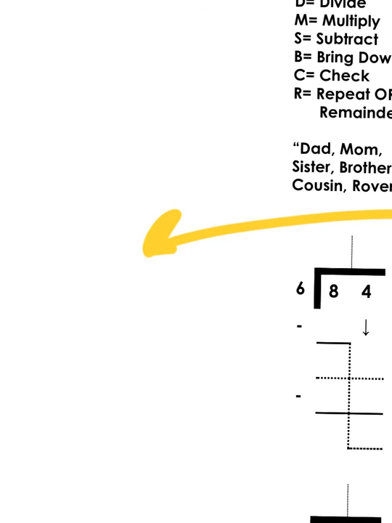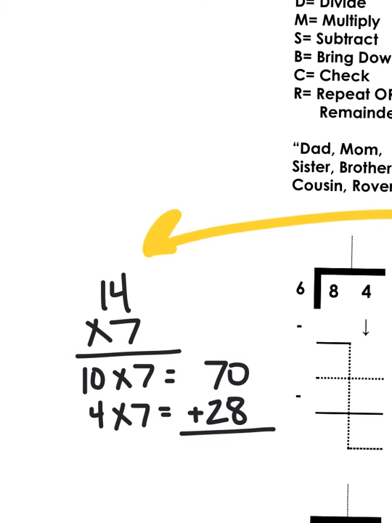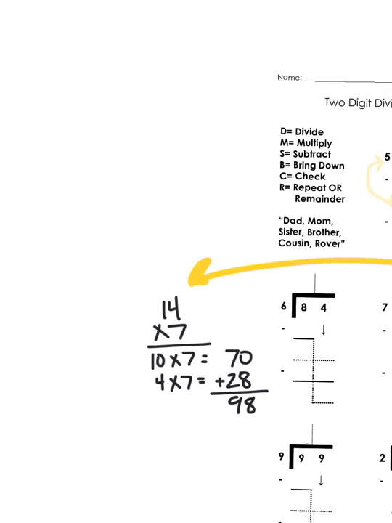So if I create a multiplication problem, 14 times 7, and let's say I use the partial product strategy, I'm going to multiply 10 times 7, and we're going to multiply 4 times 7. Well, 10 times 7 is 70. 4 times 7 is 28. So I'm going to add those two partial products together, and yep, I get 98 as my sum.